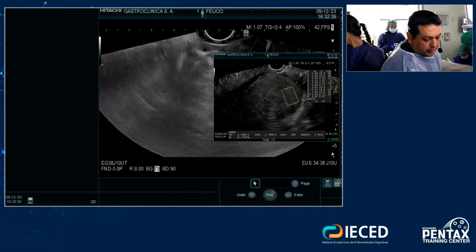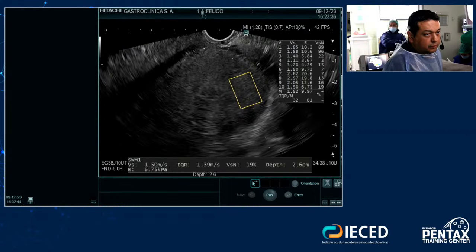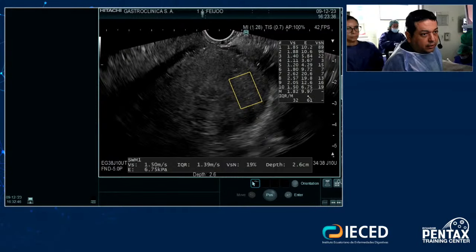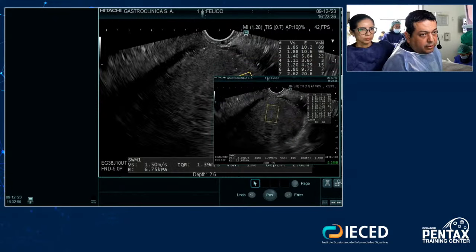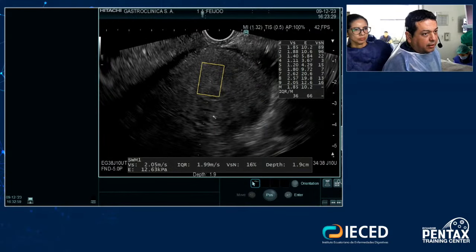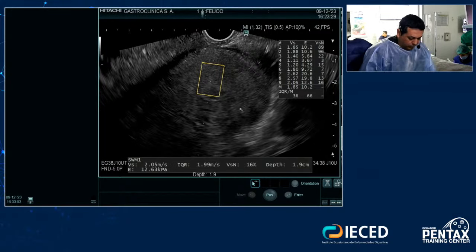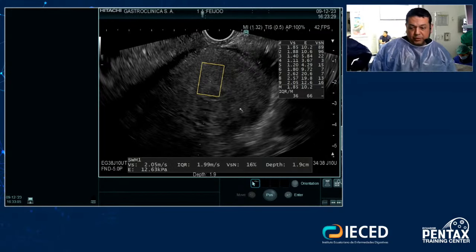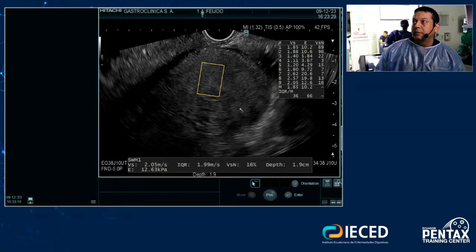So here is hard tissue. The mean is 9.97, about 10 kilopascals, for the mass. You see, the elasticity shows very hard tissue.